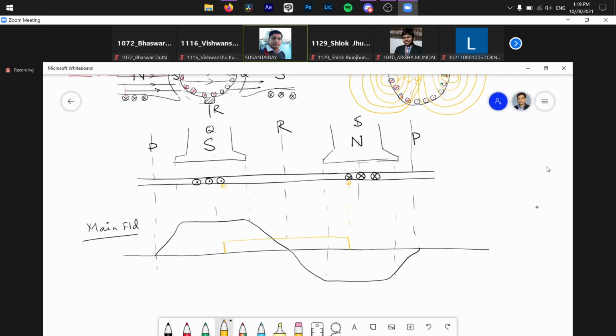Okay. Got my point? And that MMF will be Ni by 2. N is the number of turns in this particular coil or conductor, and I is the current passing through this conductor. So the MMF generated by this dot and cross combination will be Ni by 2. Okay.